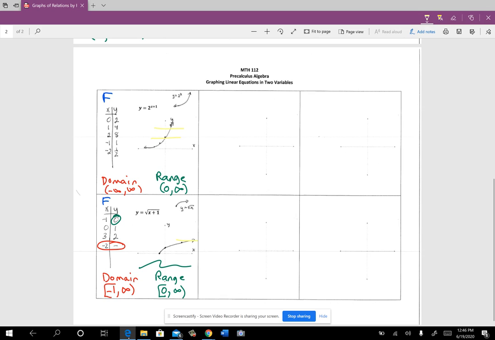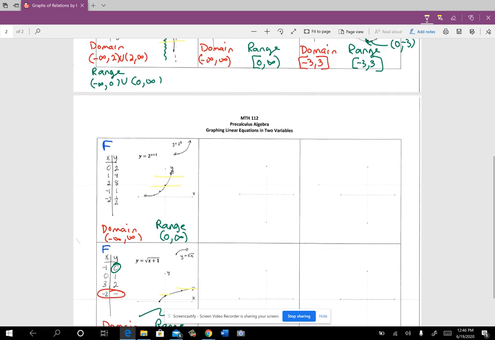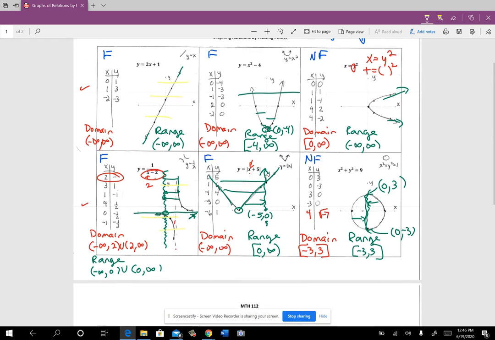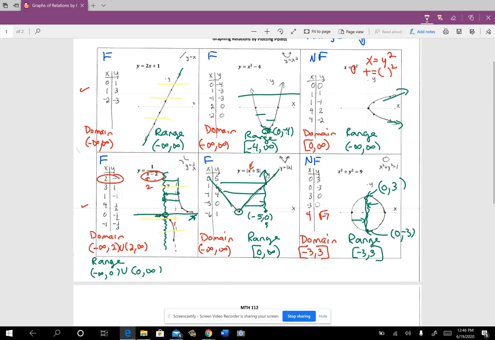And that doesn't have anything to do with whether it's a function. To be a function, you need a vertical line to hit the graph in one spot. And that's true for all the ones in the first column, and all the ones in the second column also are functions. A vertical line would cross the graph in only one spot.